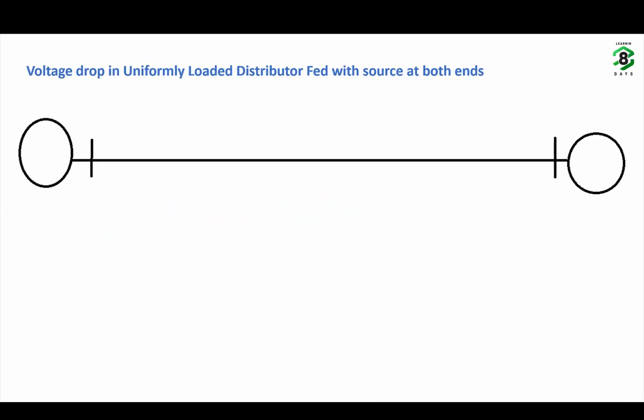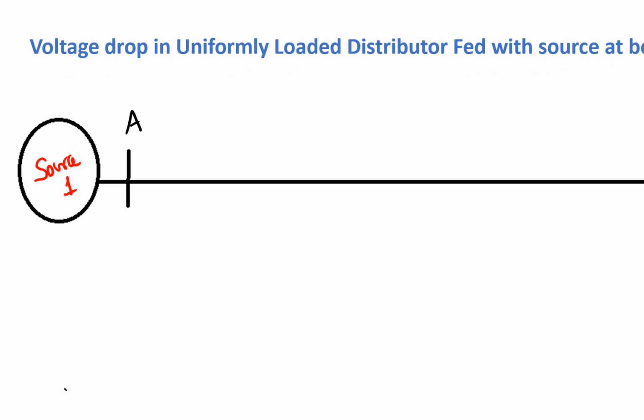Understand? If a uniformly loaded distributor is fed from both ends, this is point A, this is point B, this is source 1, this is source 2.